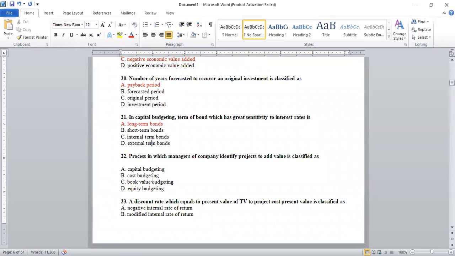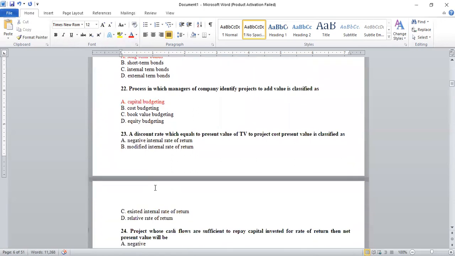Question 22. The process in which managers of a company identify projects to add value is classified as capital budgeting. Next question. A discount rate which equates present value of terminal value to project cost present value is classified as modified internal rate of return.